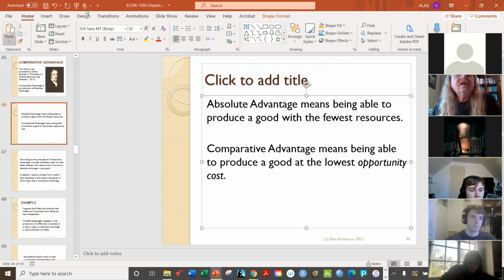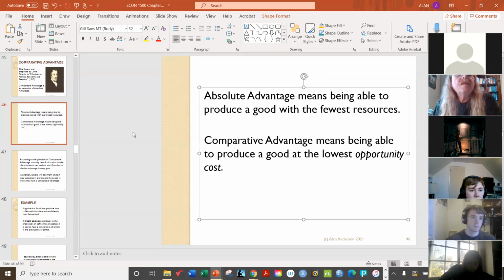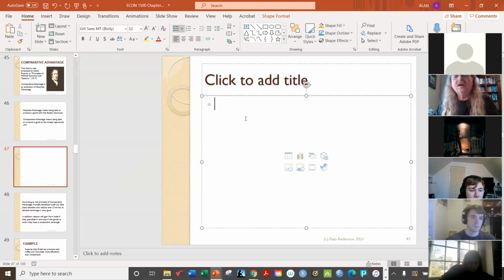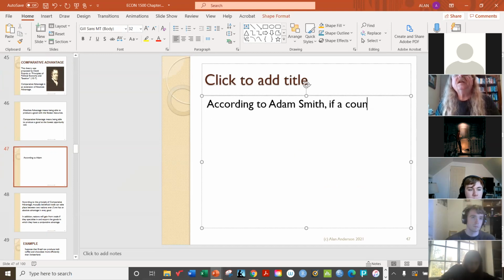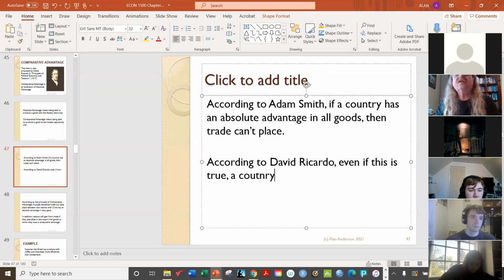Now, why does this matter? Because according to these theories, according to Adam Smith, if a country has an absolute advantage in all goods, then trade can't take place. What's the point? According to David Ricardo, even if this is true, a country's advantage will be smaller in some goods than in others.